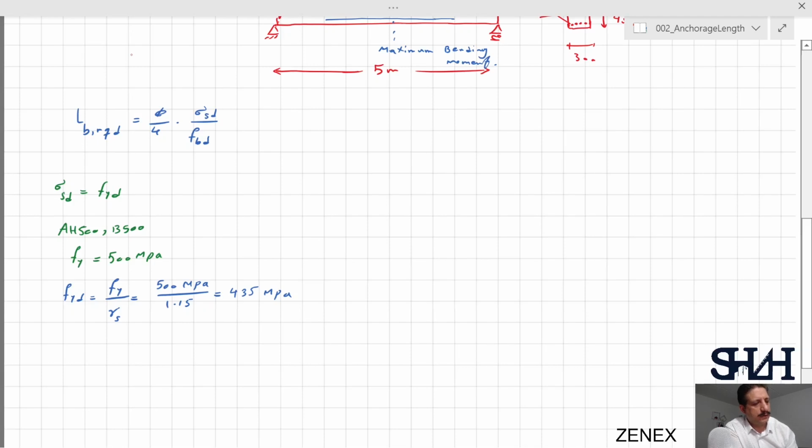Diameter of the bar is 20 millimeter. And then we need to check what is fbd. So fbd is determined according to equation 8.2, which is 2.25 eta 1 eta 2 times fctd.